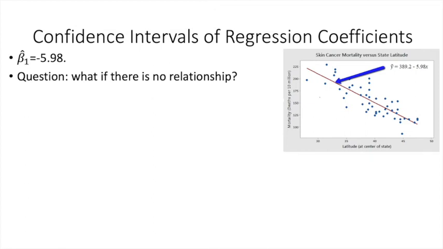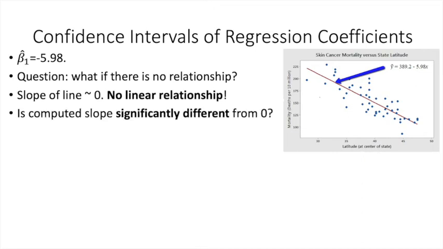So our default or null hypothesis here is that there is no relationship. That is, the slope of the line or beta 1 is actually 0. We can use hypothesis testing to see if our computed value of minus 5.98 actually significantly differs from 0.